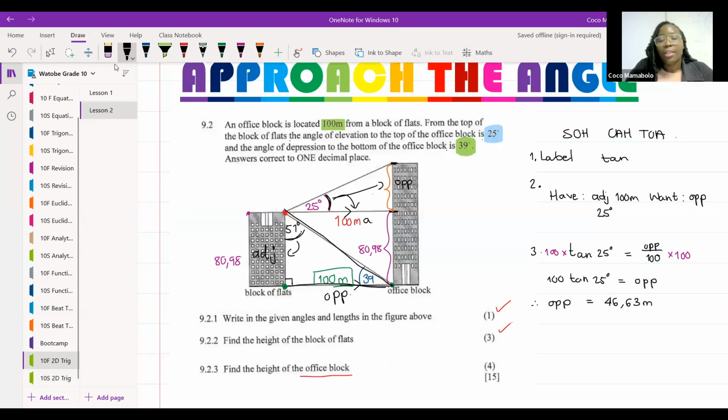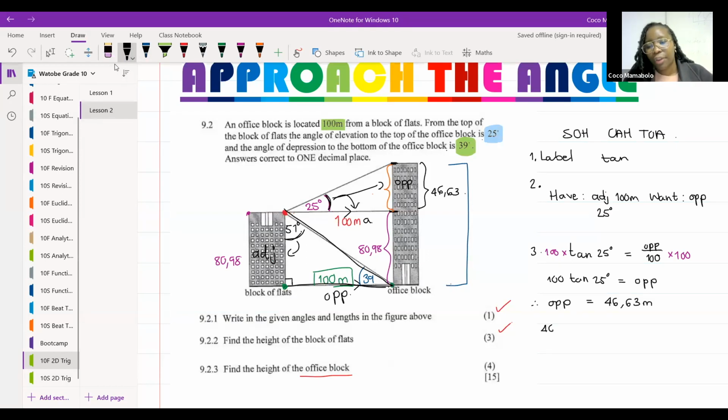Right. Now, that's not my whole tower, or my whole office block. It's just this section here. So this part is 46,63. Now, what do I need to do with that 46,63 if I want to get the whole length of my entire block? That's it, Mamelo. We're going to add.